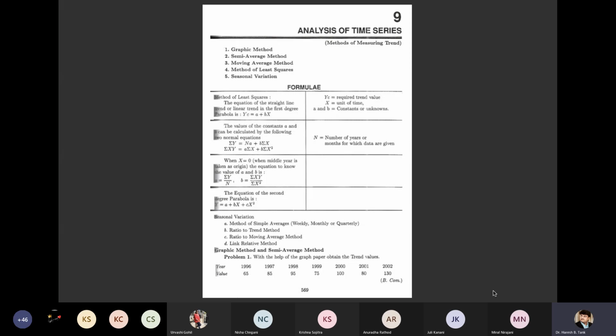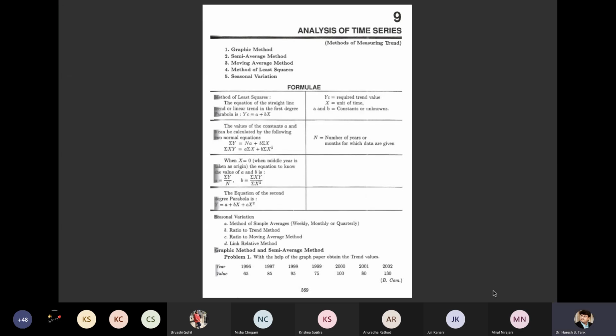Observe the row titled year. It starts from 1996 and goes up to 2002. The lowest value is 1996 and the highest value is 2002. So on a graph paper, at the lowest left-hand side, very near to the point of origin, it should start with 1996, 97, 98 and so on.